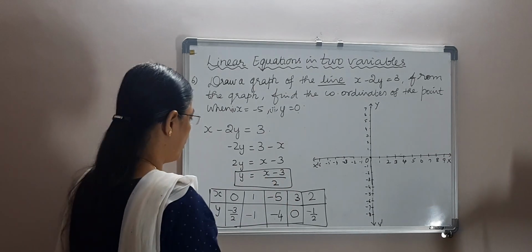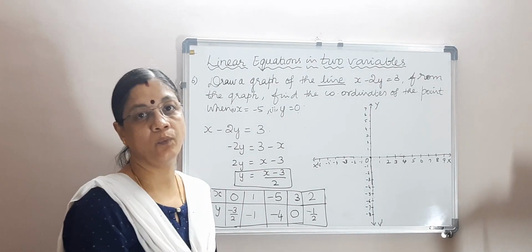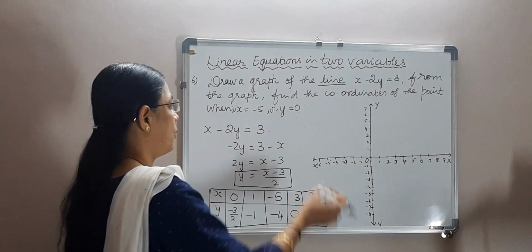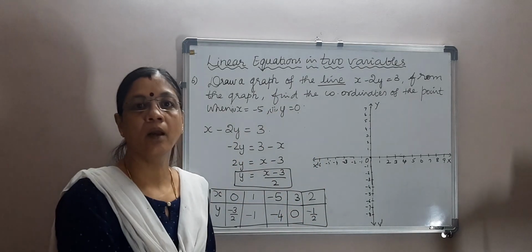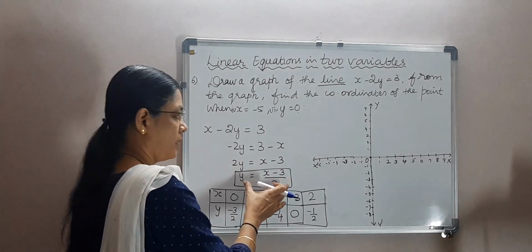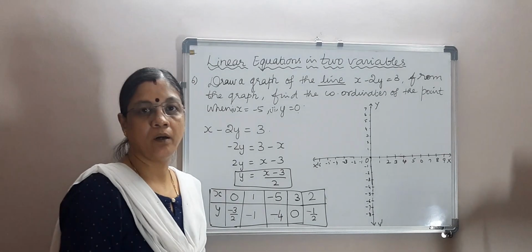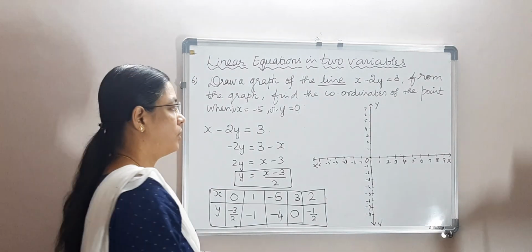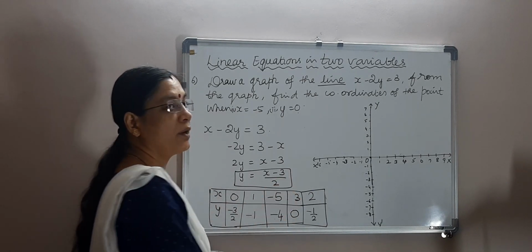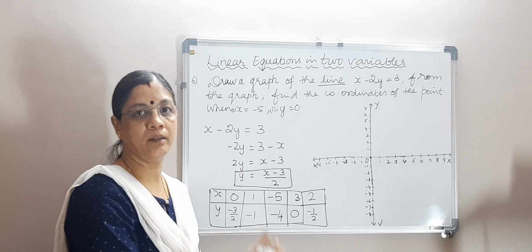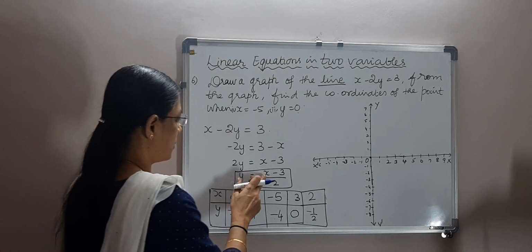So this is the value of y, and we need to substitute the values for x and we'll find the value for y. Then we'll plot the points for the equation, and then we'll find what the corresponding coordinates are for x is equal to minus 5 and y is equal to 0, and we'll correlate the answers. Okay, so first we substitute x is equal to 0 here.